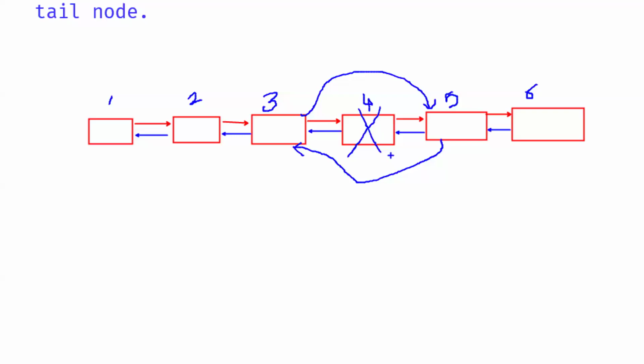Did you understand how a node gets removed here? So removing is easy in a linked list. Even adding, which means inserting, is also easy.